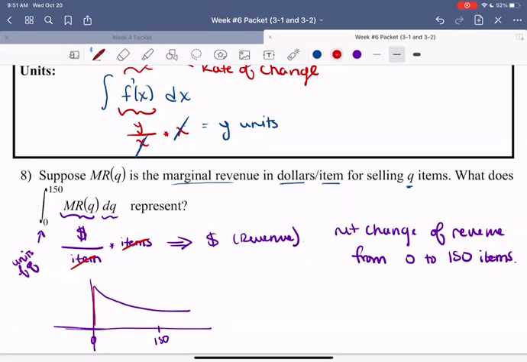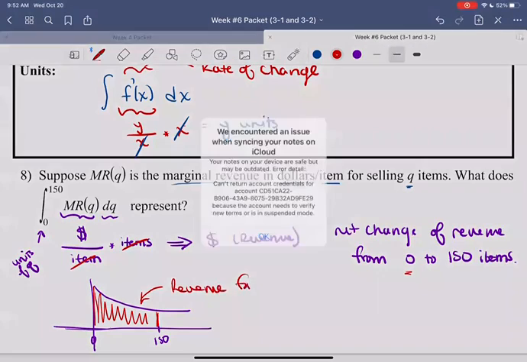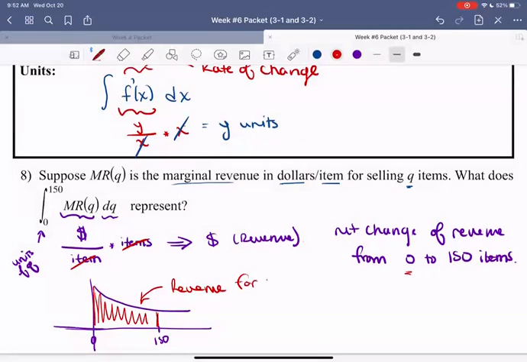So we're computing the entire area under that curve, which is the total accumulation or the net change of revenue from 0 to 150 items, which for us, since we're starting at 0, would be the revenue for 150 items. And that's, again, because in this case, we are starting at the 0. But in general, it tells us the net change between those limits of integration.